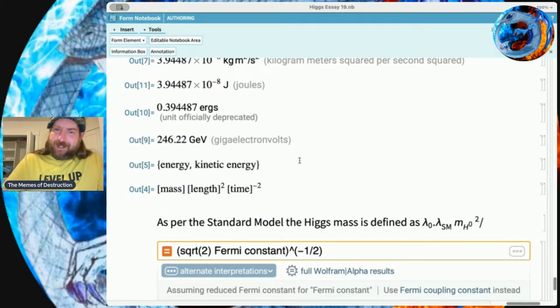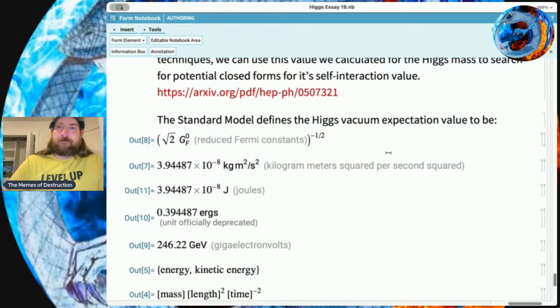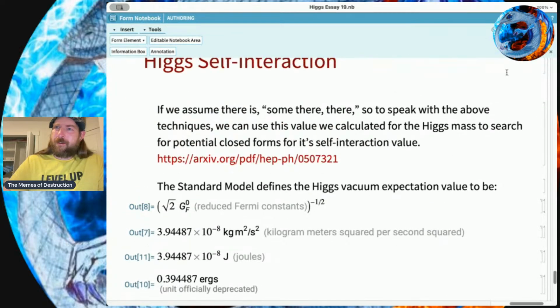Divided by 2 vev squared. 2 vev squared. The vev is the funky V. Which V is it?